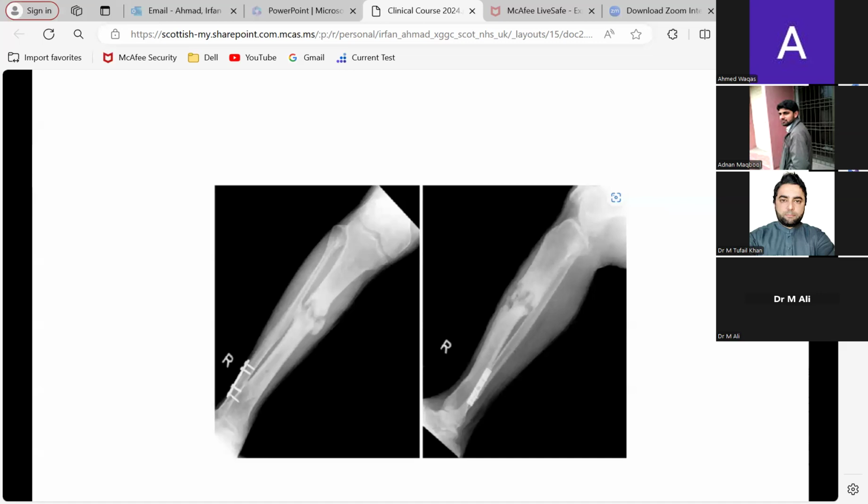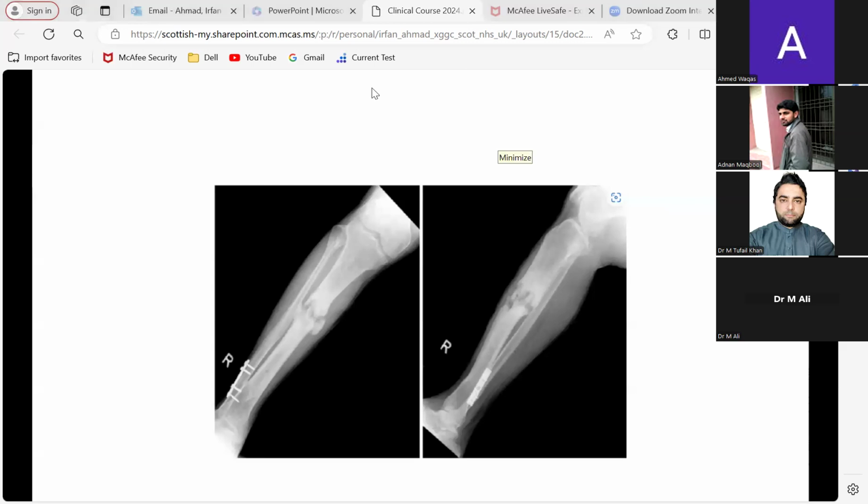There is also the non-union of the fracture site, and I can also appreciate the tibia and the fibula being in continuity with the callus. I think there is a fusion of the tibia and fibula at the fracture site, and I can appreciate the implant distally to the fibula, which is well secured and a healed fracture site.